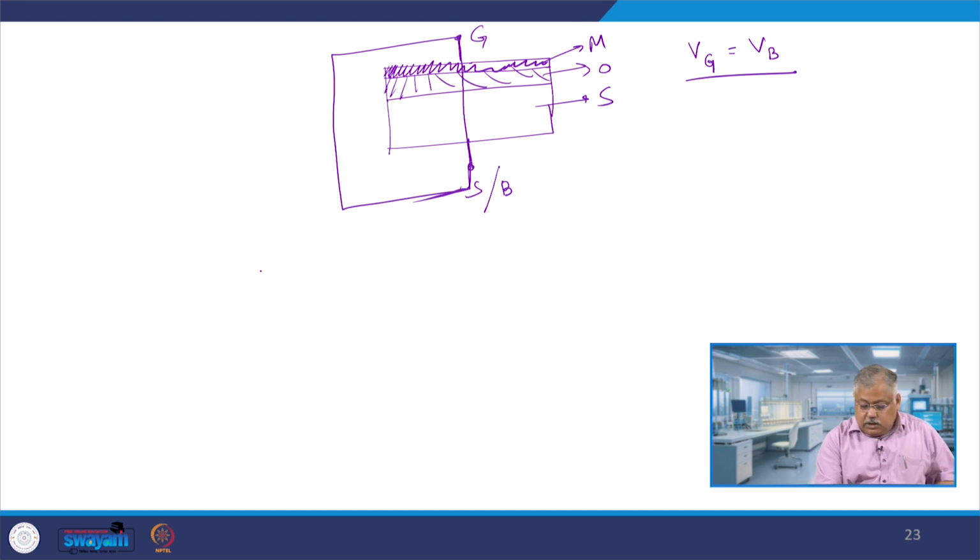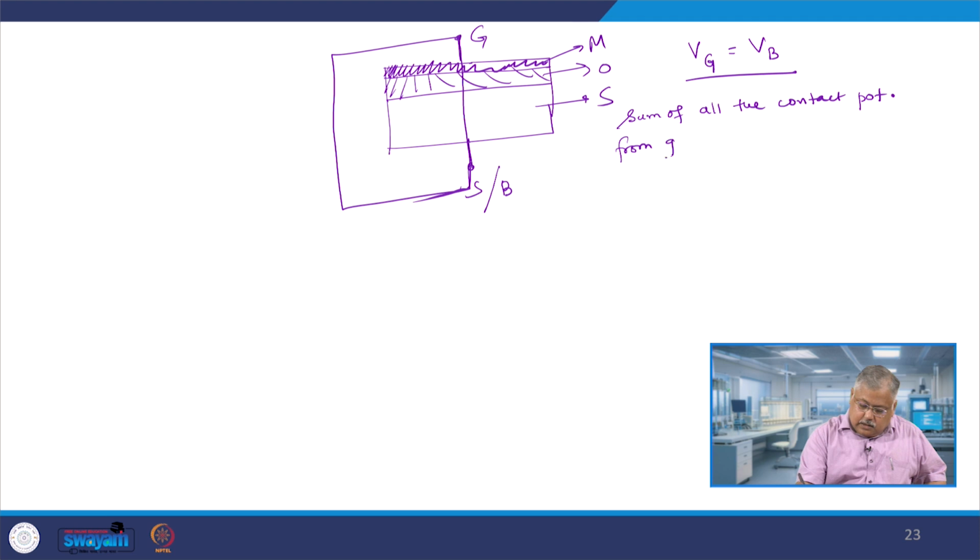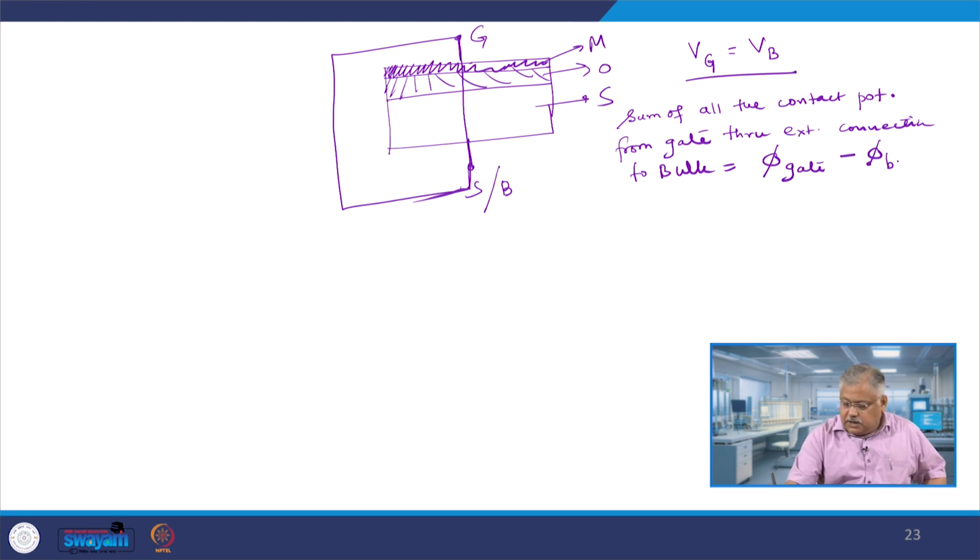Then we can write down the sum of all the contact potentials from gate through external connections to bulk or body as phi of gate material minus phi of bulk material.